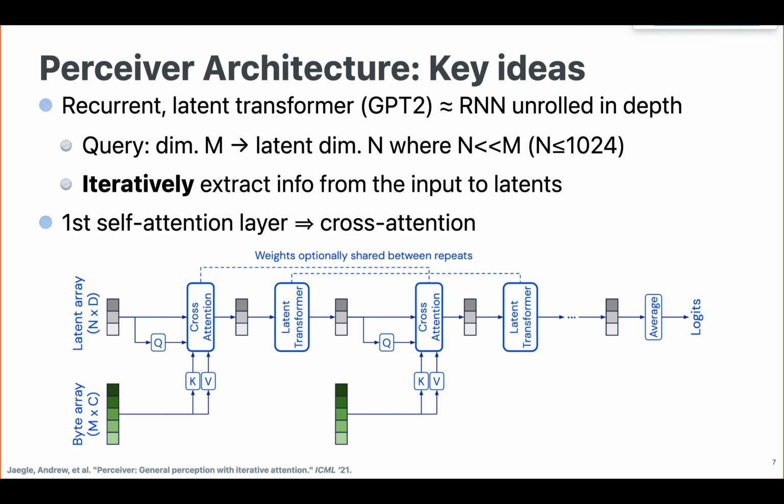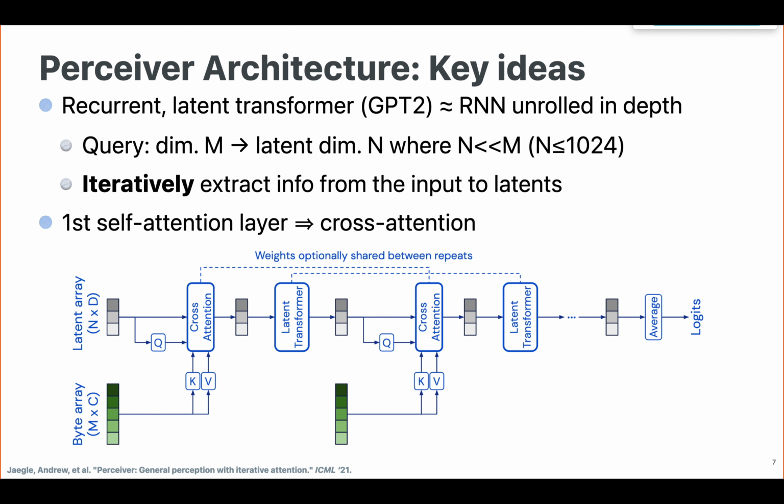What it does is that instead of forming all key-value-query pairs from the input, it directly constructs a latent array. The latent array has dimension N, which is independent of the input size M. So it's so-called decoupled from the input size.